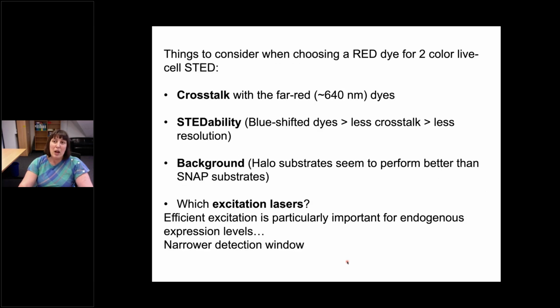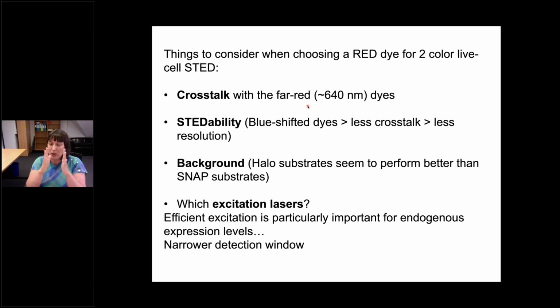I also wanted to end with a more technical note. There are a few things that are important for people who want to perform these experiments in the future. There are things to consider when choosing a red dye for two-color live-cell STED, in particular the crosstalk with the far-red dye.